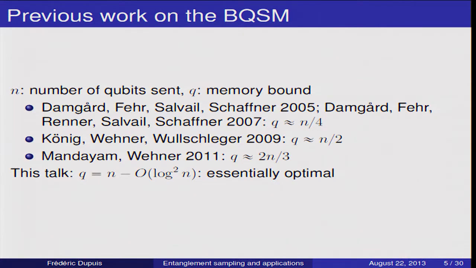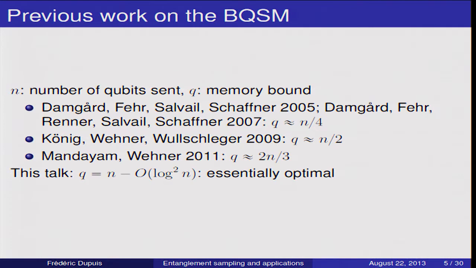If we assume that all the adversary could do is store at most n/4 qubits, so a quarter of the qubits exchanged in the protocol, then the protocol was secure. And this was later improved to a bound of n/2, and then later on to 2n/3.